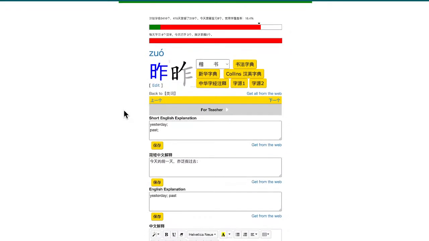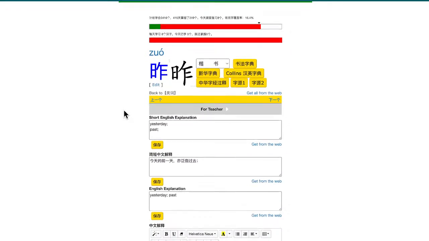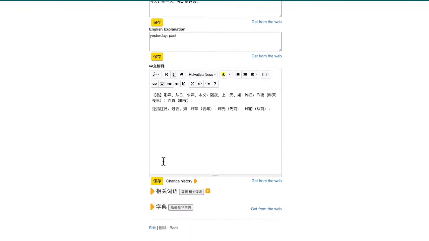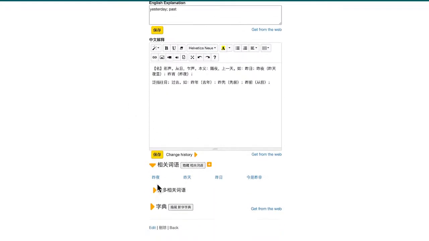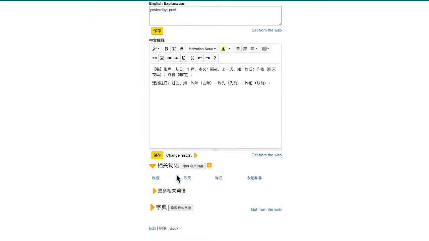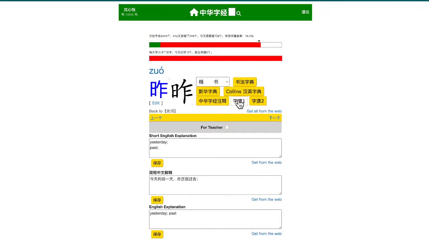And next one is 昨. 昨 means yesterday or past, or just refers to the past in general. Like 昨夜, 昨天, 昨日. 今是昨非. 昨 just means past. Let's take a look at the character itself. You can see this is 日, which goes with the character 乍.